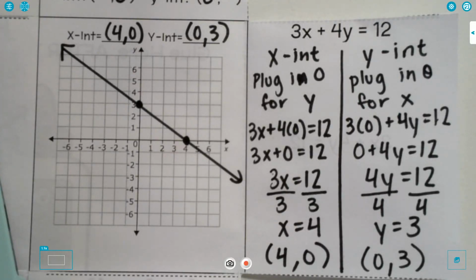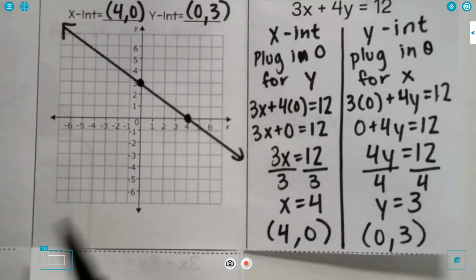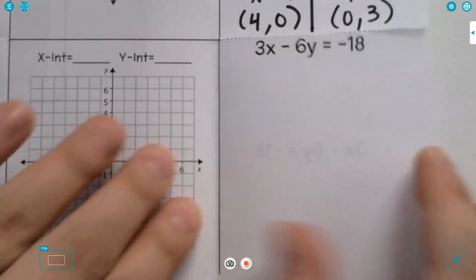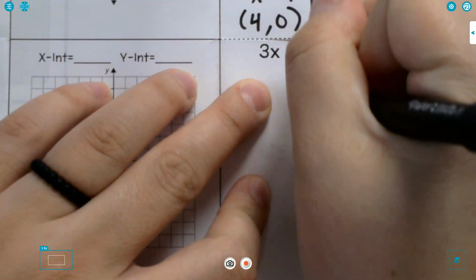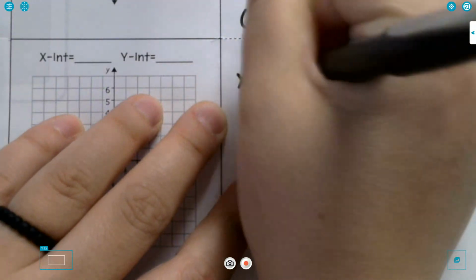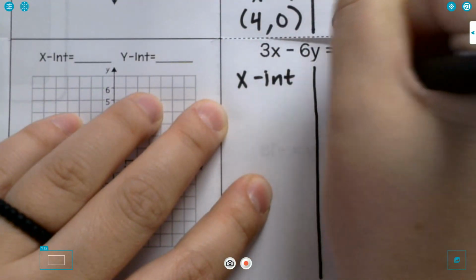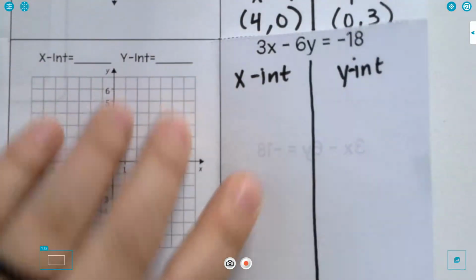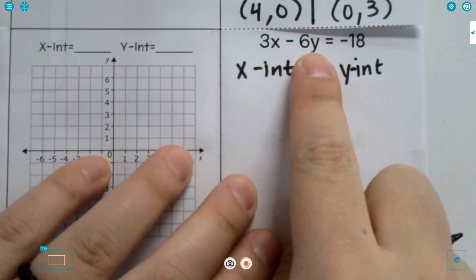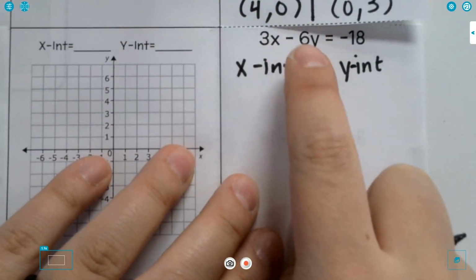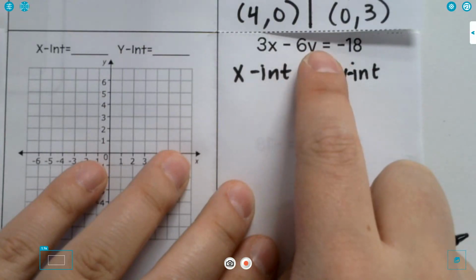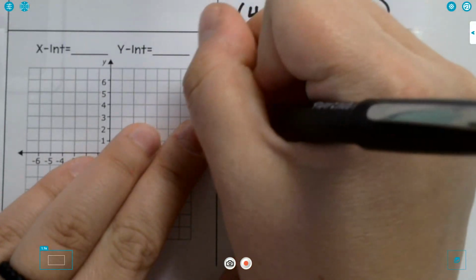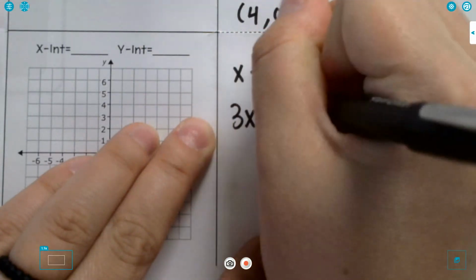Okay, so let's move to this next one. This next one, once again, we're going to write down x-intercept, y-intercept. To find our x-intercept, we're just plugging in 0 for y. So I'm just going to eliminate that entire term, because I know minus 6 times 0 is just going to be 0. So I'm just going to solve 3x equals negative 18.